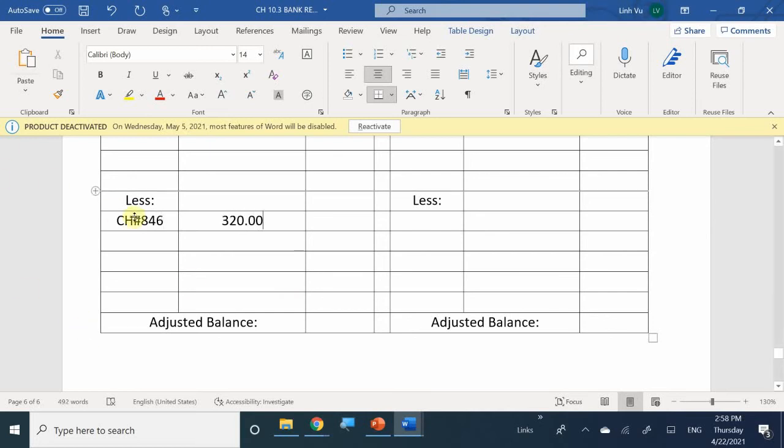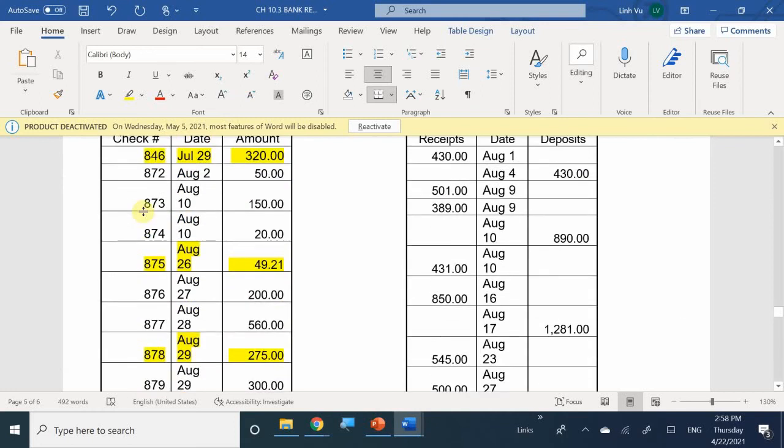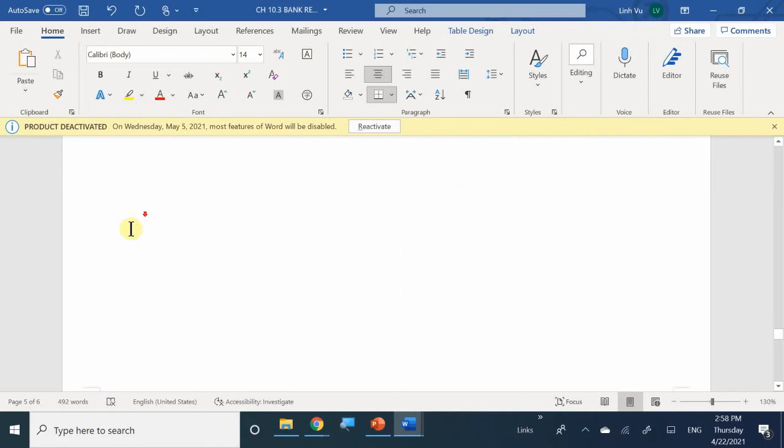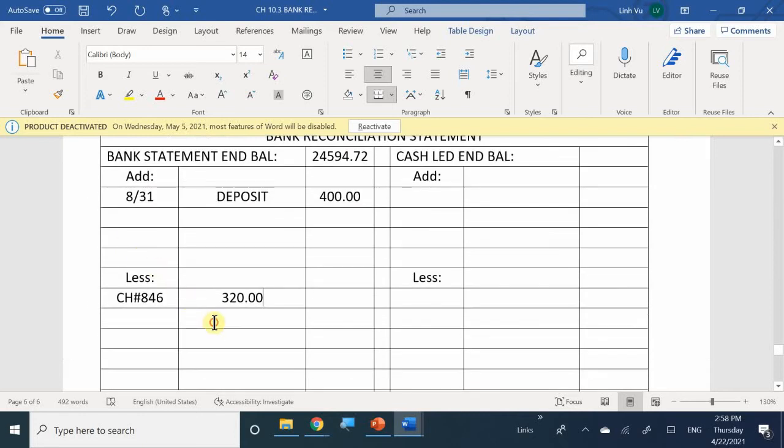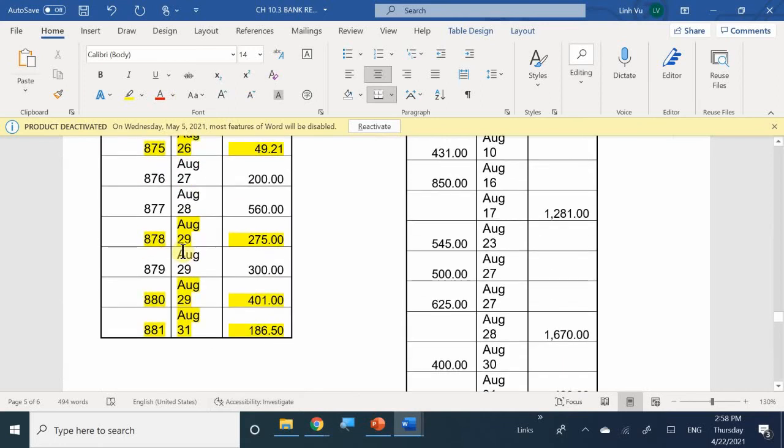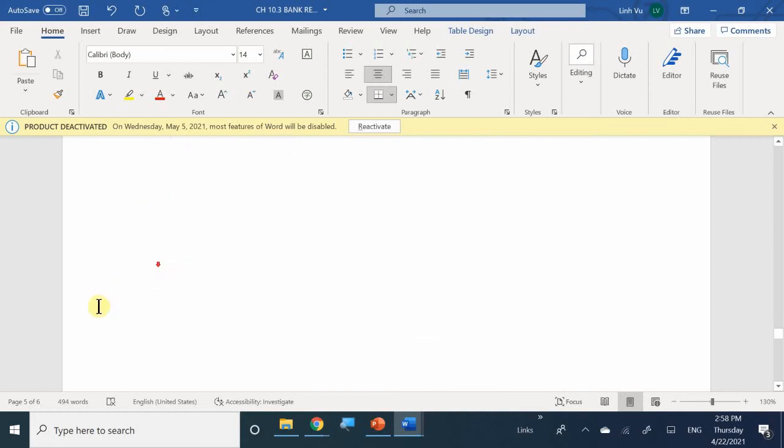Okay, what else did not clear? We got check number 875 for $49.21. Let me write this down. Check number 875, $49.21. What else didn't clear? Let's see. 878 for $275.